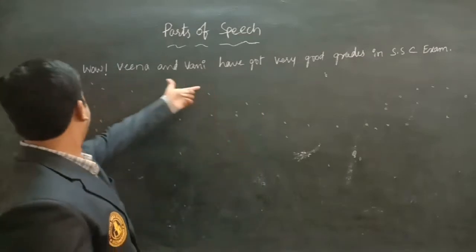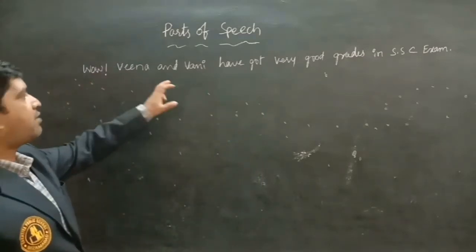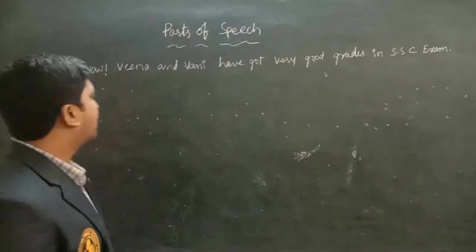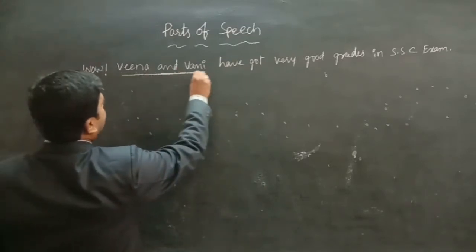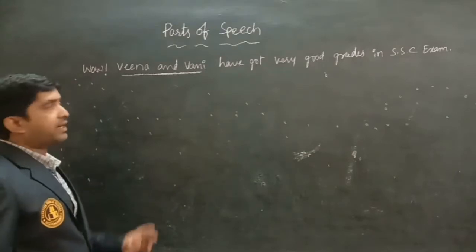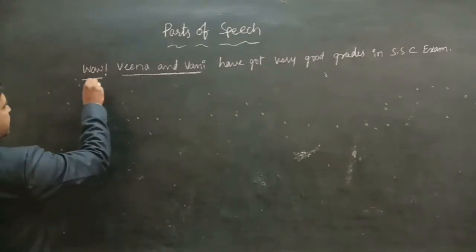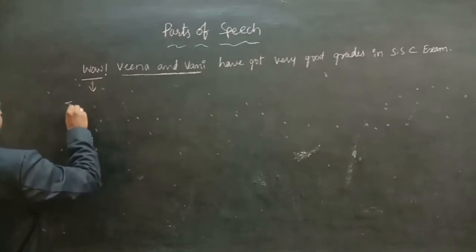Let's look at this sentence. Wow, Veena and Vani have got very good grades in SSC exam. Here Veena and Vani are identical twins and inseparable. Wow, it's an interjection.